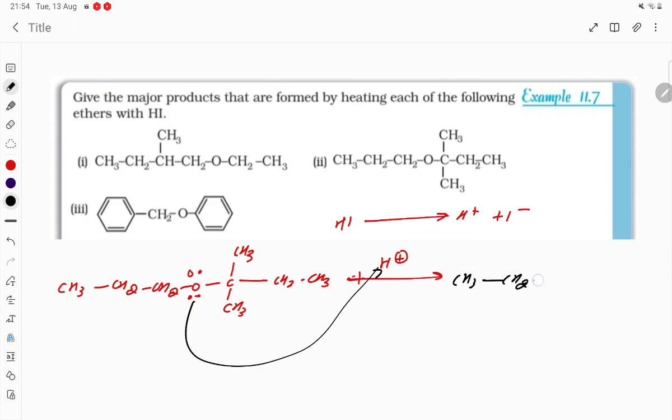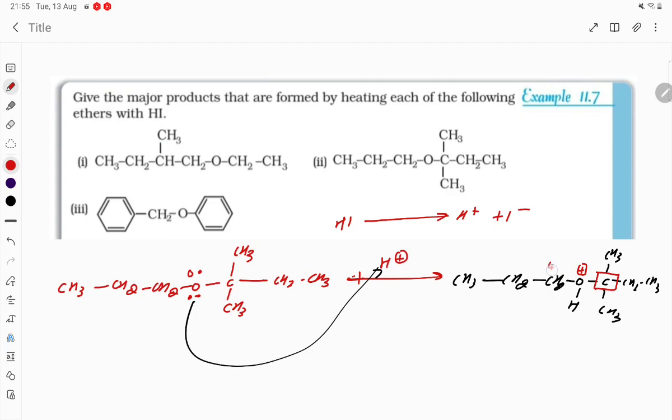CH3, CH2, CH2, O, downside it is going to be H. Here will be C, this is the CH3, here is a CH3, this is CH2, and this is CH3. Now we have to see which side will acquire the carbocation after splitting.